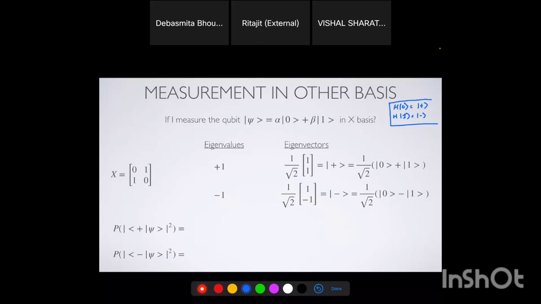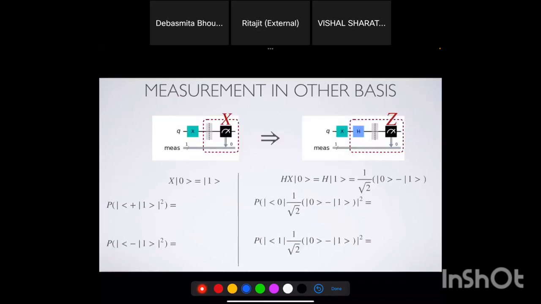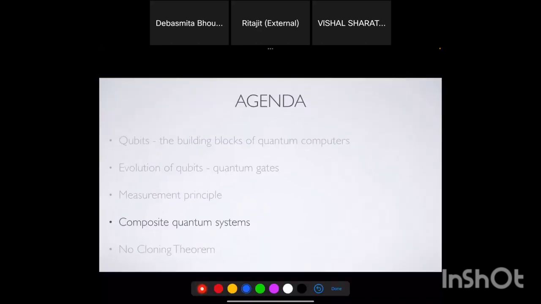So what is the probability of this? If we write down the probability of this, again, half comes out. We have mod of alpha times 0,0 plus alpha times 0,1 plus beta times 1,0 plus beta times 1,1, mod squared.